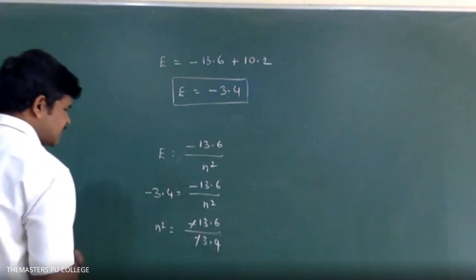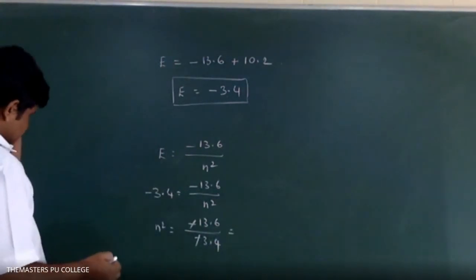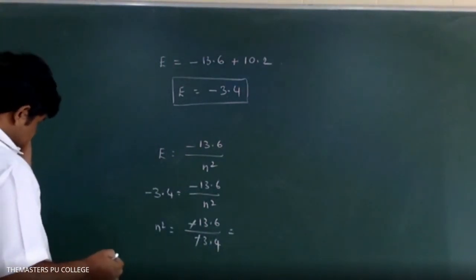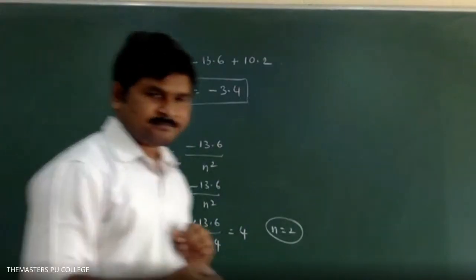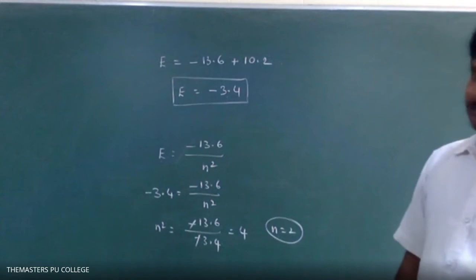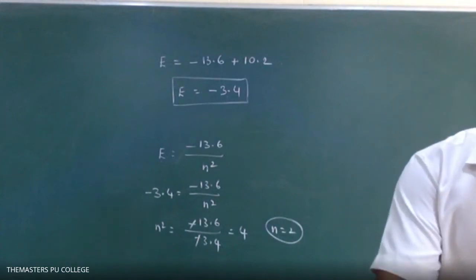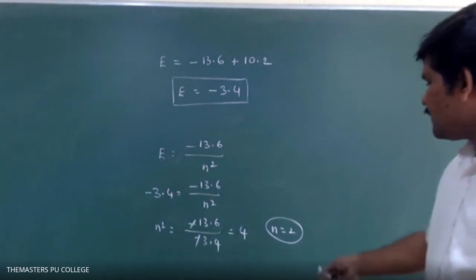Minus minus cancel. 13.6 by 3.4 is how much? 4. N square is equal to 4, n is equal to 2. That is the answer.